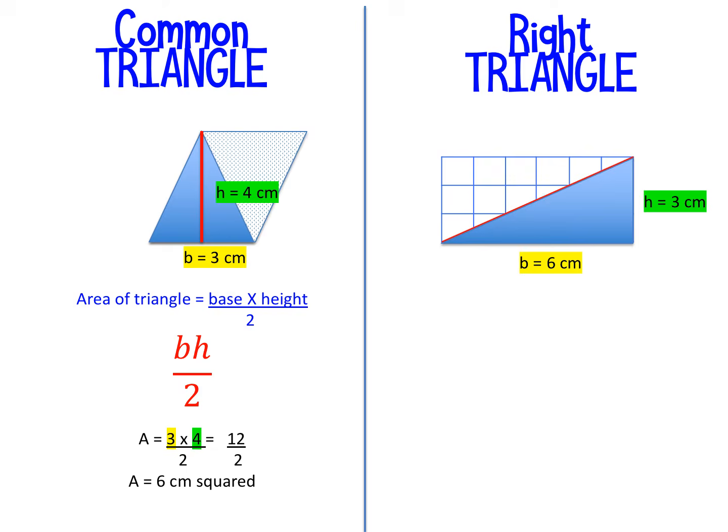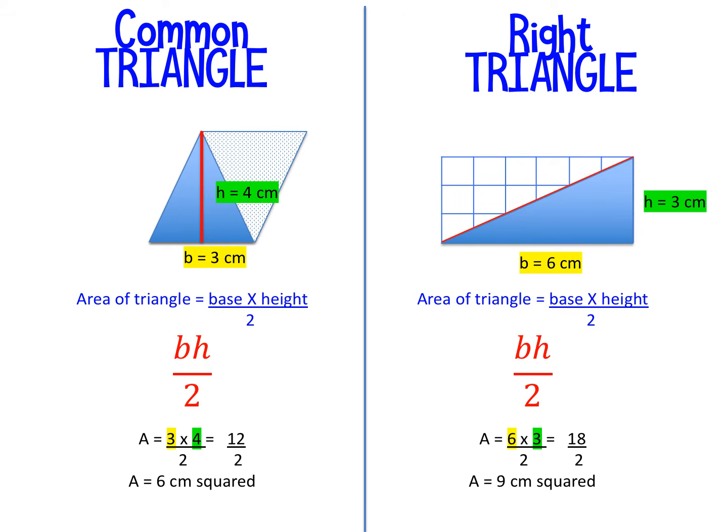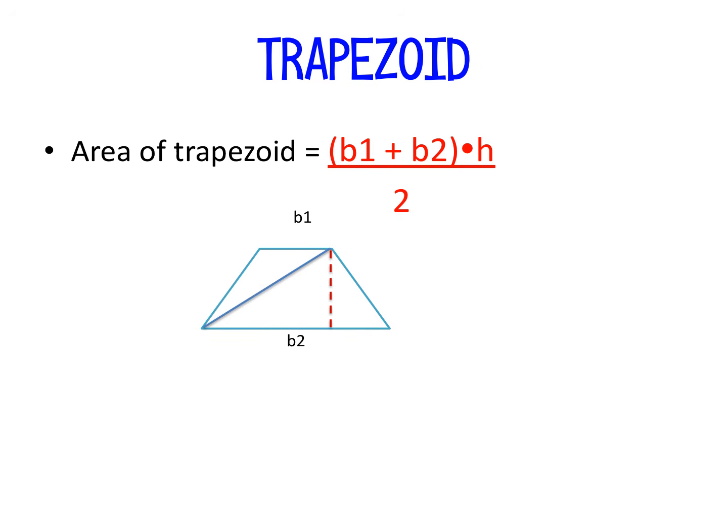Again, the right triangle, cut it in half. We use the same formula, base times height divided by 2, and this had an area of 9 square centimeters. So the formula for a triangle will always be base times height divided by 2, and the height is always found with the line perpendicular to the base.